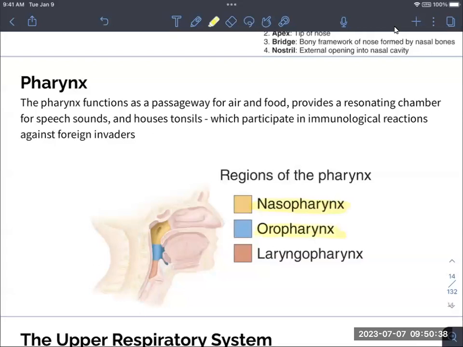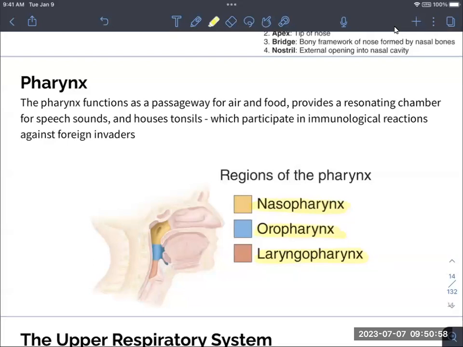Oropharynx, that's at the back of the mouth. Laryngopharynx, that goes down to where we have our voice box, where we separate our trachea from our esophagus.